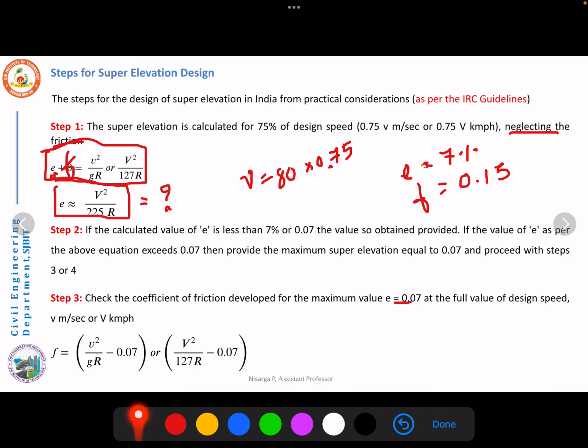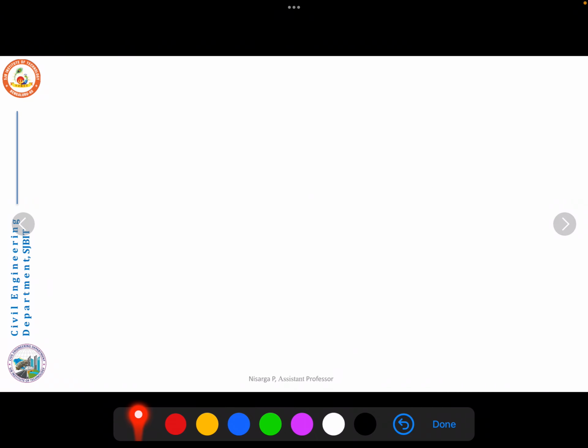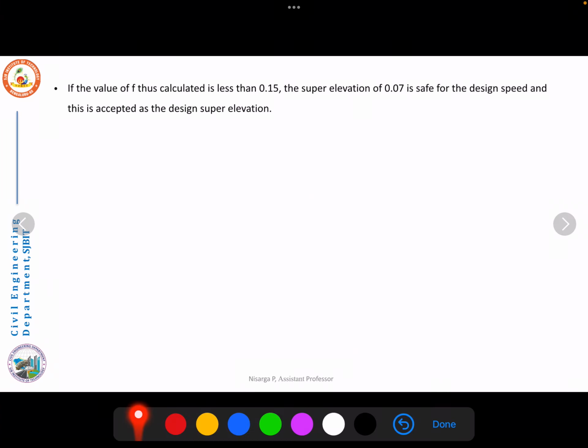The value that is developed should be more than 0.15, because the minimum lateral friction required at the horizontal curve is 0.15. Hence, in the third step, the friction we obtain should be more than 0.15.